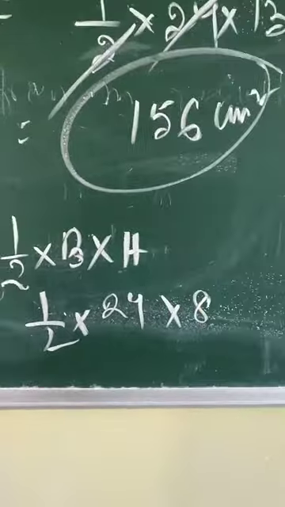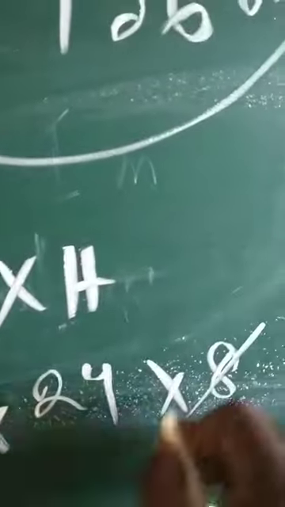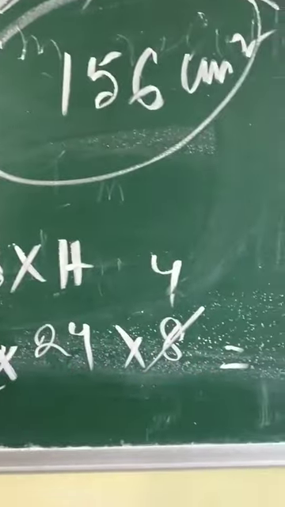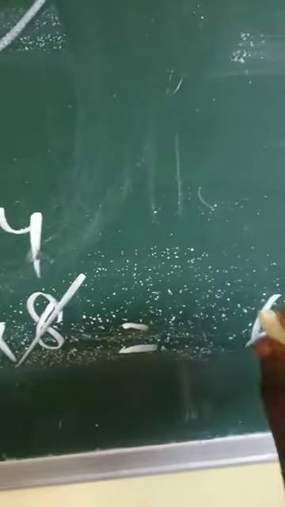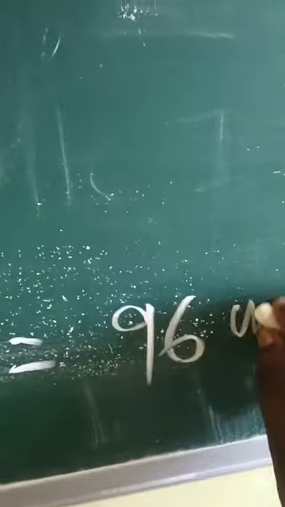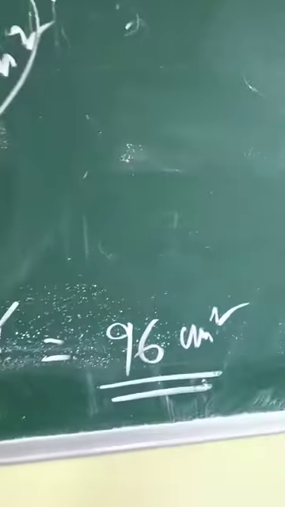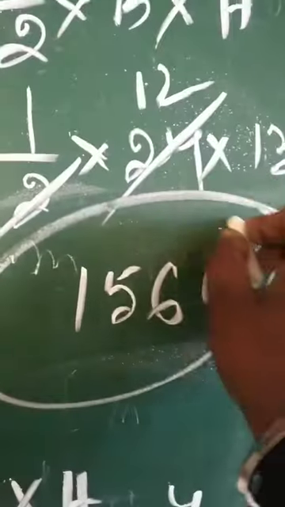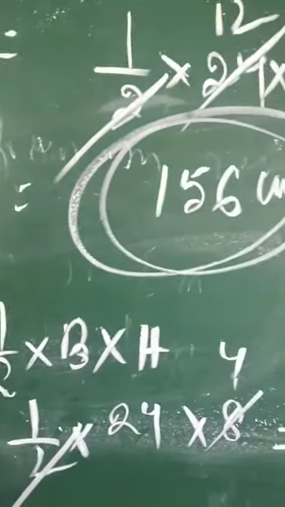I'm going to cancel right now: 4 twos are 8. 4 into 24 results in 96 centimeters square. So the area of the first triangle ABD is 156 centimeters square and the area of the other triangle is 96 centimeters square.